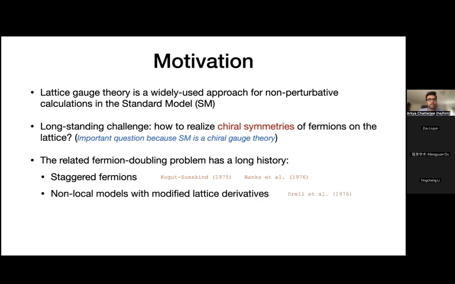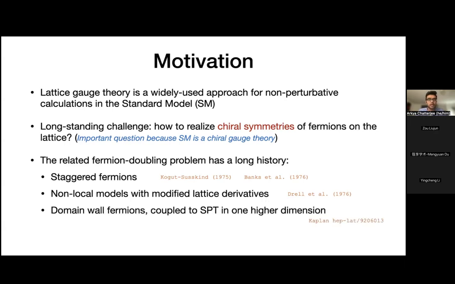And people tried to also use other kinds of models, models which were not completely local, by modifying what you mean by a derivative when you put a field theory on a Euclidean space-time lattice. There are also other ideas motivated by coupling to SPTs in one higher dimension and a related idea of symmetric mass generation.